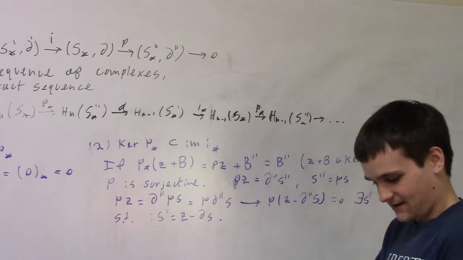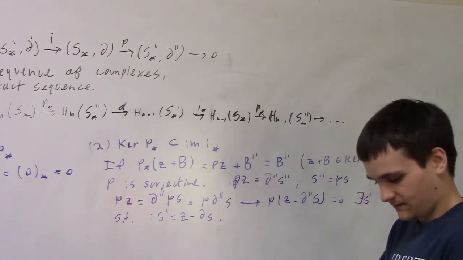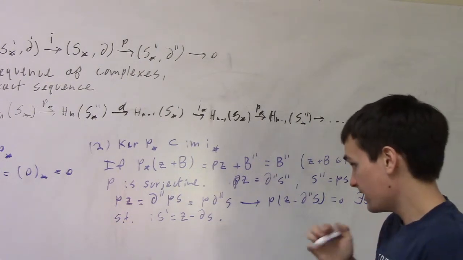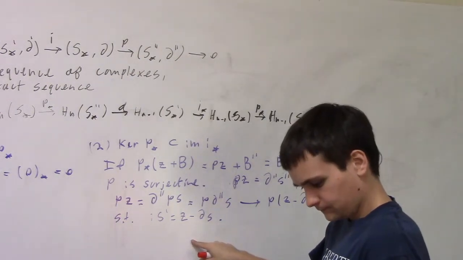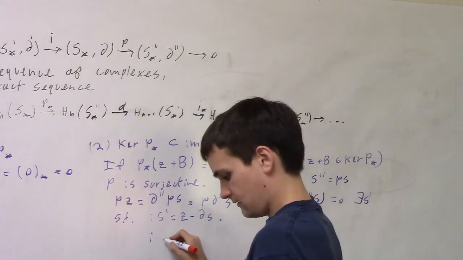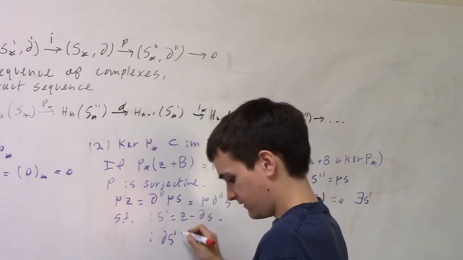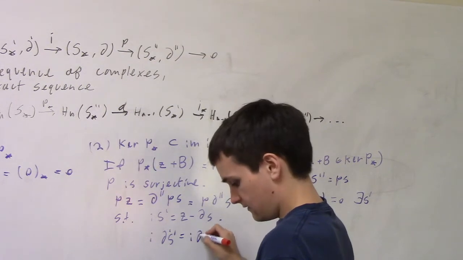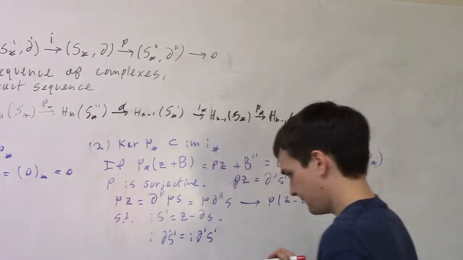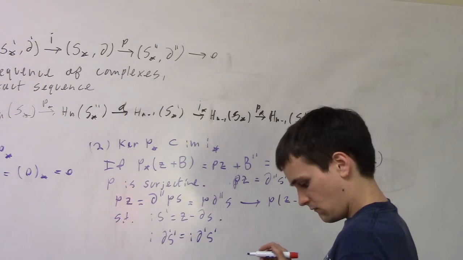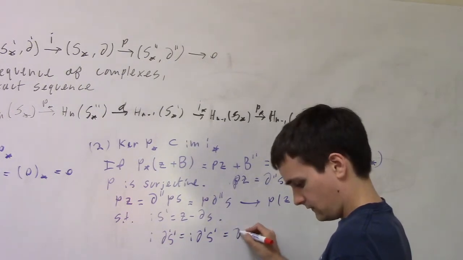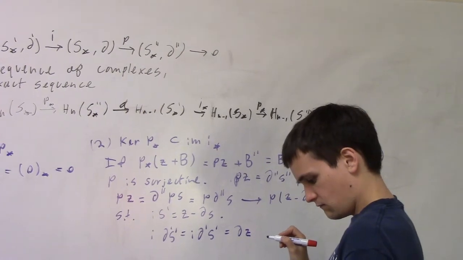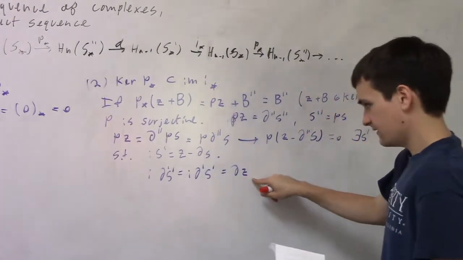So let's see here. Note that S prime is a cycle. Why is that? So we have, I guess he's about to show it now, partial S prime, I, commuting, so we get I partial S is equal to partial Z. Okay, so I think he's skipping a step there.